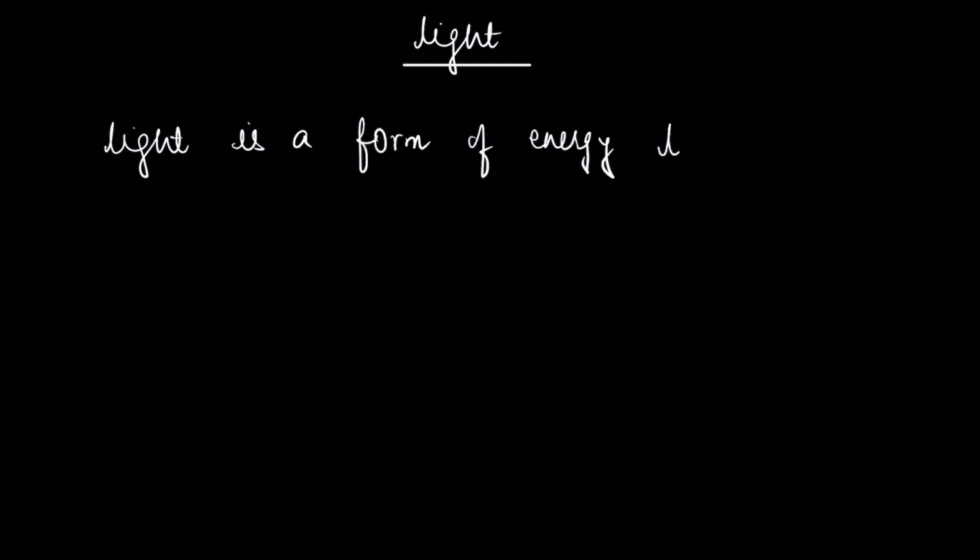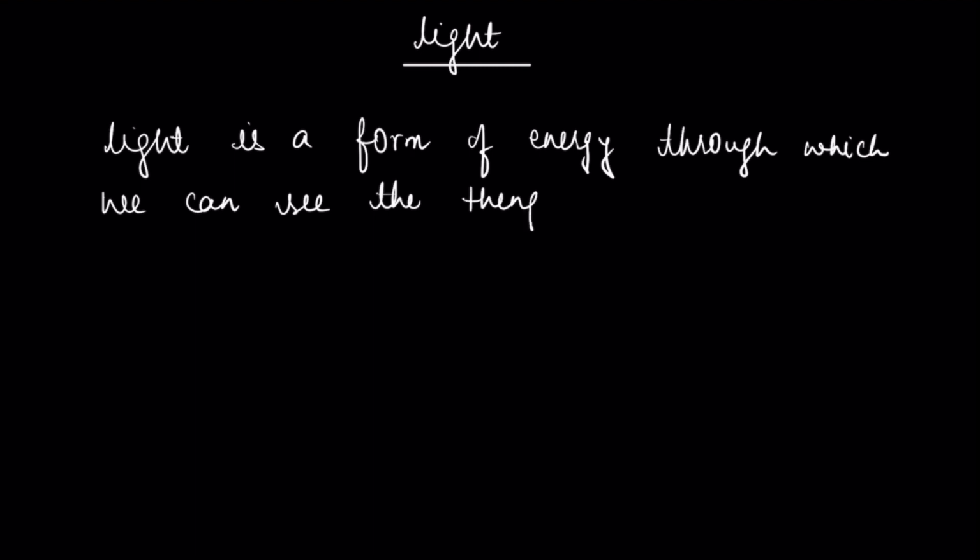Light is a form of energy through which we can see things. So this light is coming out from the object.